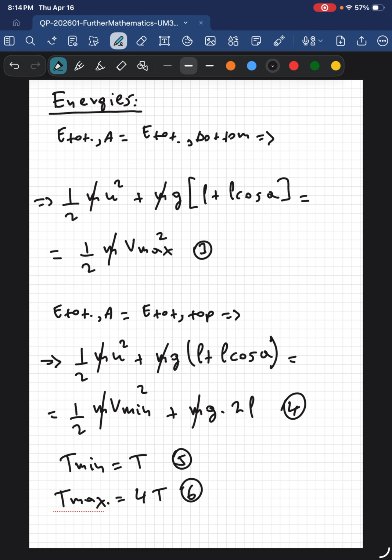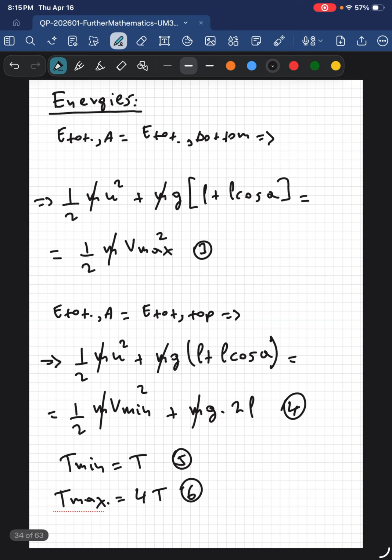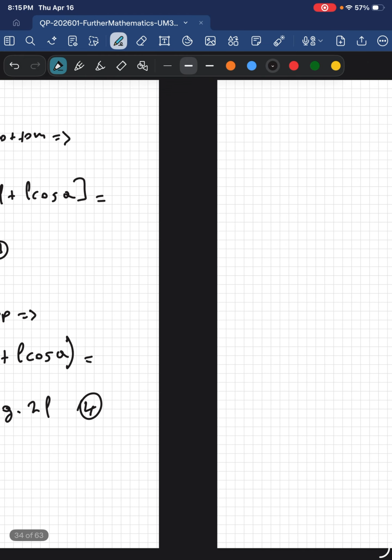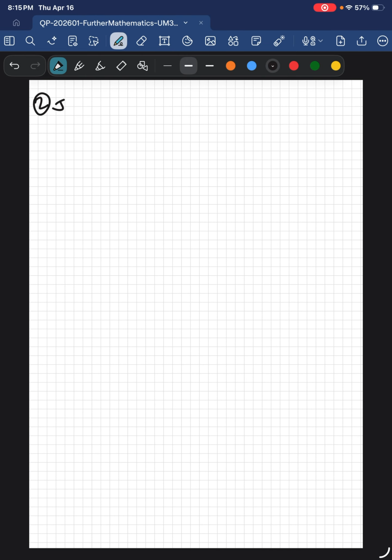So let's start a clean page again. Using equations 2 and 5, we get that T is equal to m times v minimum squared over L minus mg.